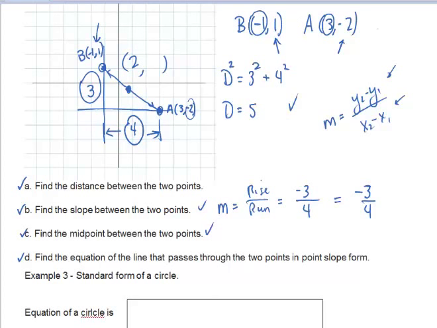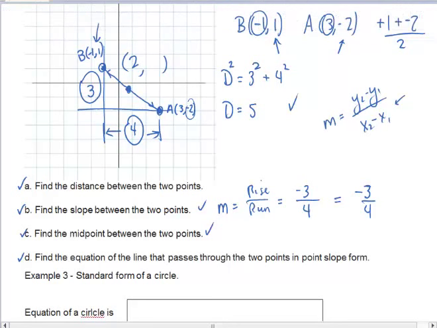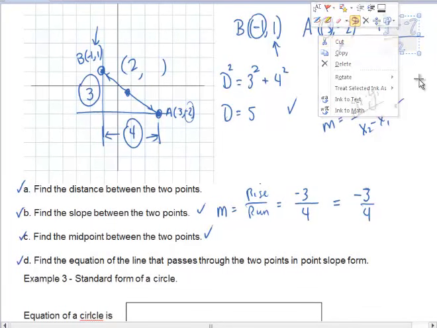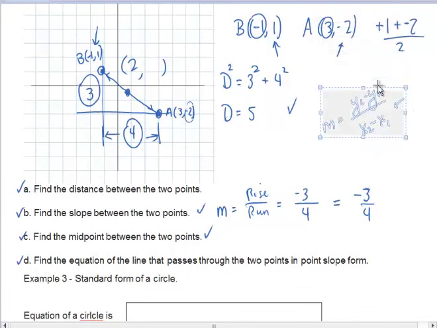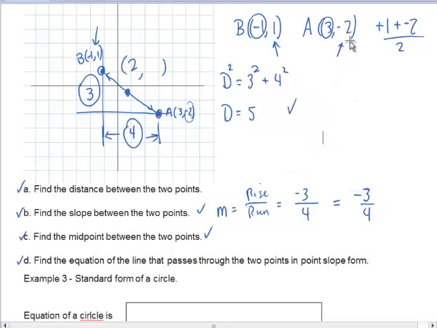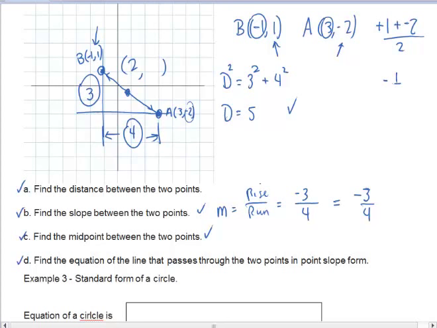So typically to find an average, you add the numbers. So you'll say 1 plus negative 2, and you divide by 2. And that would give you negative 1/2.